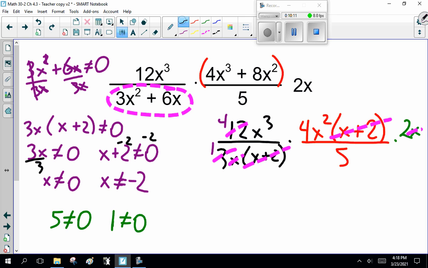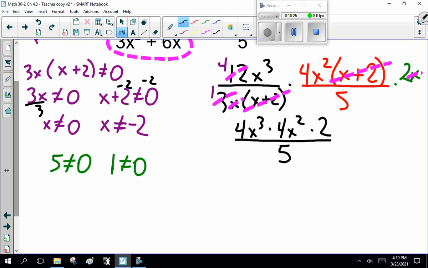So I'm down to, this is getting messy, so I'm going to rewrite it. 4x cubed times 4x squared times 2, 5. Which simplifies. 4 4s are 16. I think that's 32 x 5, 5.